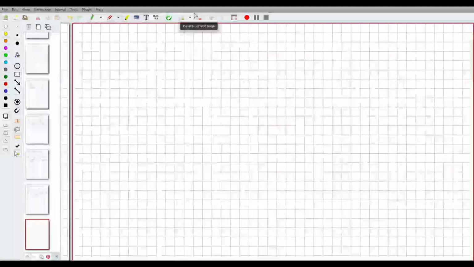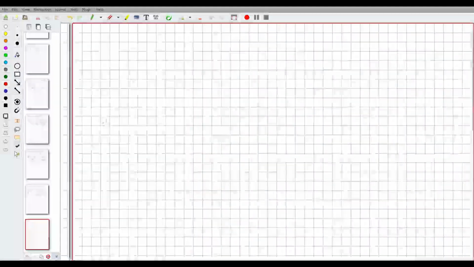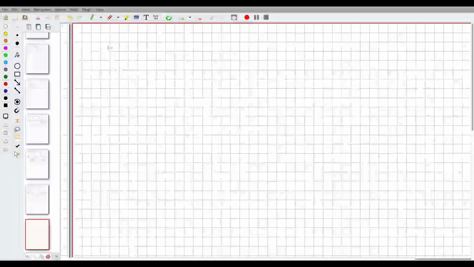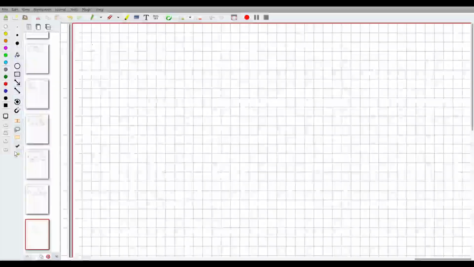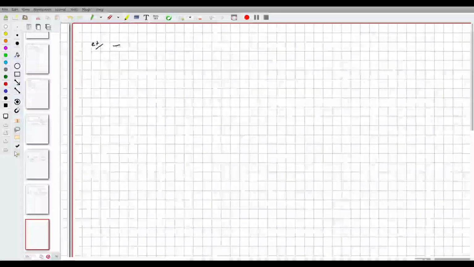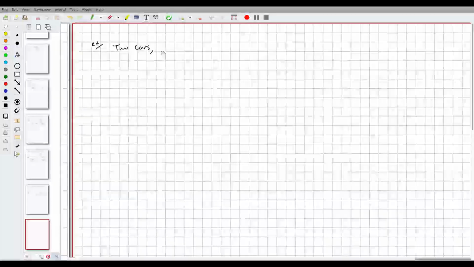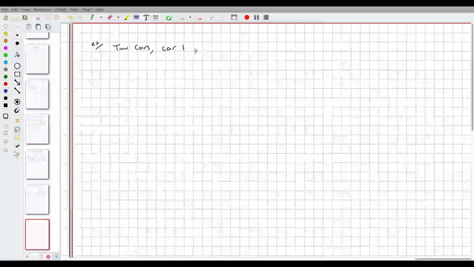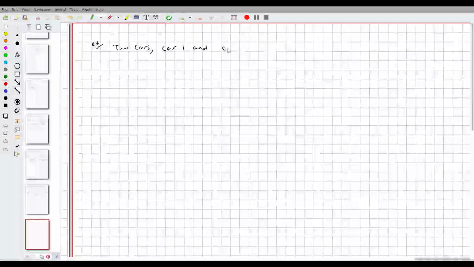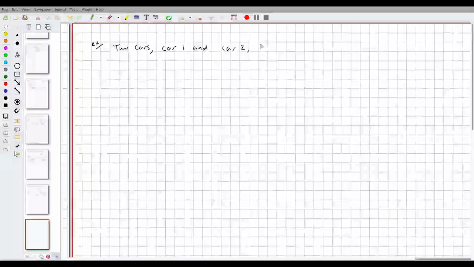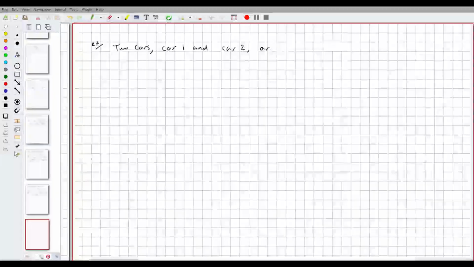Now, in this particular problem, I want you to imagine two cars. I'm not very creative, so we'll call it car 1 and car 2. They are going to pass each other.